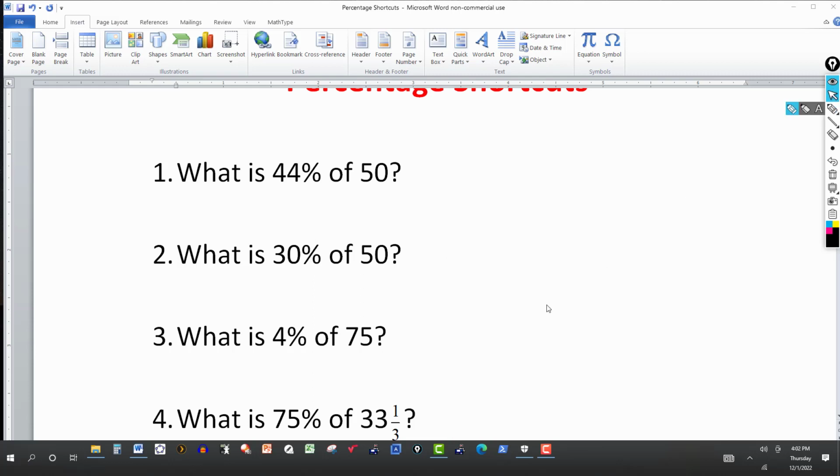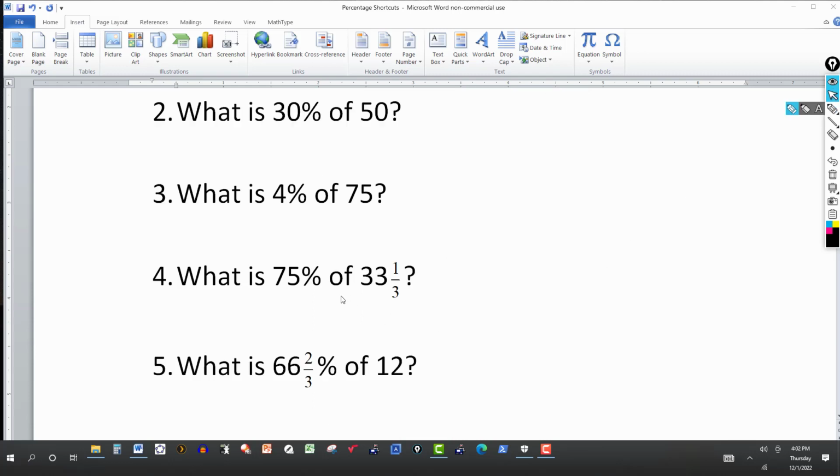Now suppose I told you this one. 75% of 33 1/3. Get the answer to this without a calculator. Well, again, switch it around and rewrite this as 33 1/3% of 75 is what number?